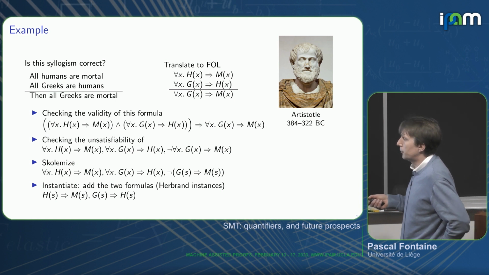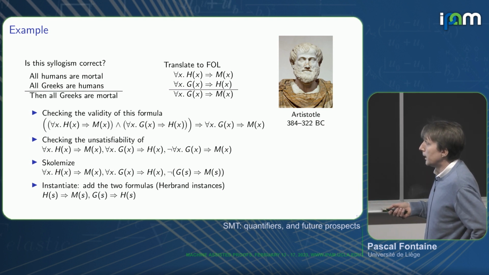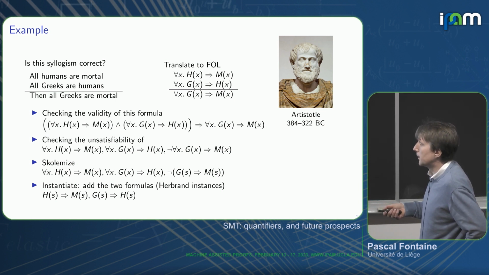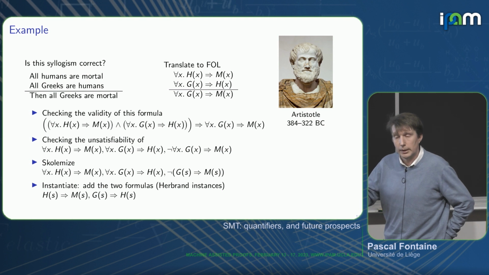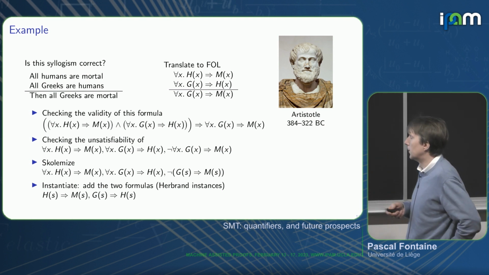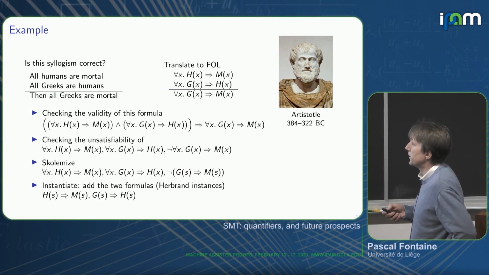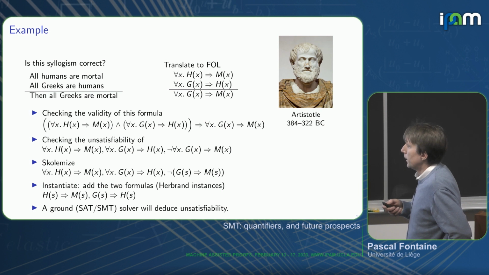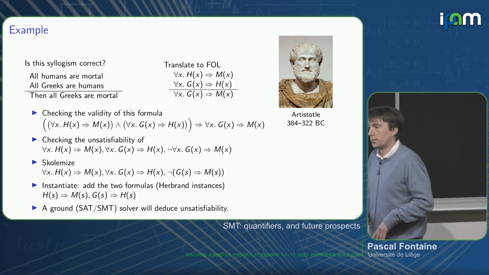We just have to instantiate those two formulas by this one term, and if we add the two formulas together with this ground formula, we're done. The underlying SAT solver of the SMT solver would be able to detect the unsatisfiability. It's only propositional reasoning now. So we have quantifiers and we go down to propositional logic.